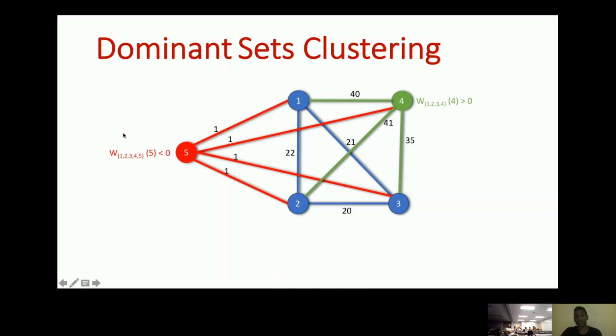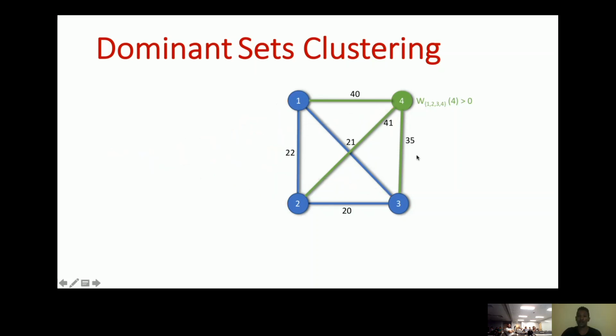So we expect the relative weight of node 5 with respect to set 1, 2, 3, 4, 5 to be negative. So according to the previous requirements or criteria, nodes 1, 2, 3, 4 are going to be a dominant set.